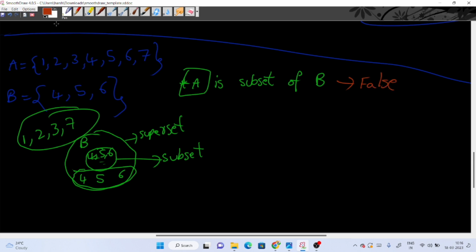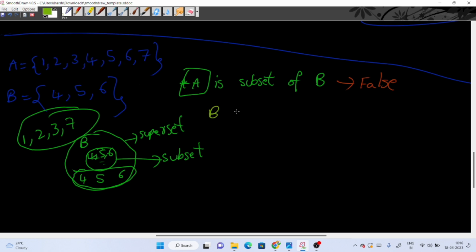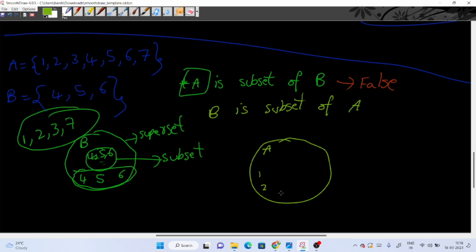But if the question is whether B is a subset of A, so now also let us see, consider that this is A where we have values like 1, 2, 3, 4, 5, 6, and 7, and consider that this is a subset.